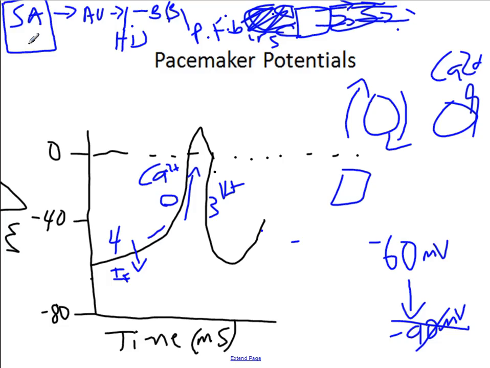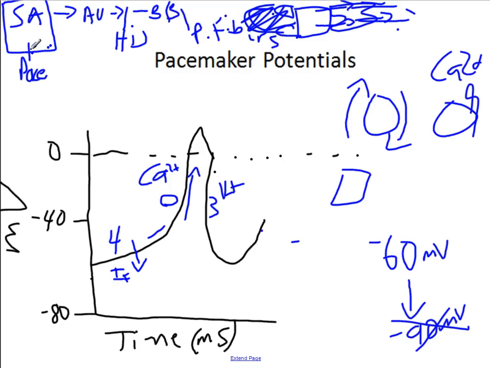That's why the SA node is called the pacemaker of the heart. Like I said, the cardiac syncytium is basically many cells joined together as one unit. So whichever cells depolarize and repolarize the fastest, that means the action potential is going to spread through the heart from the quickest area of the heart, and that's the SA node.